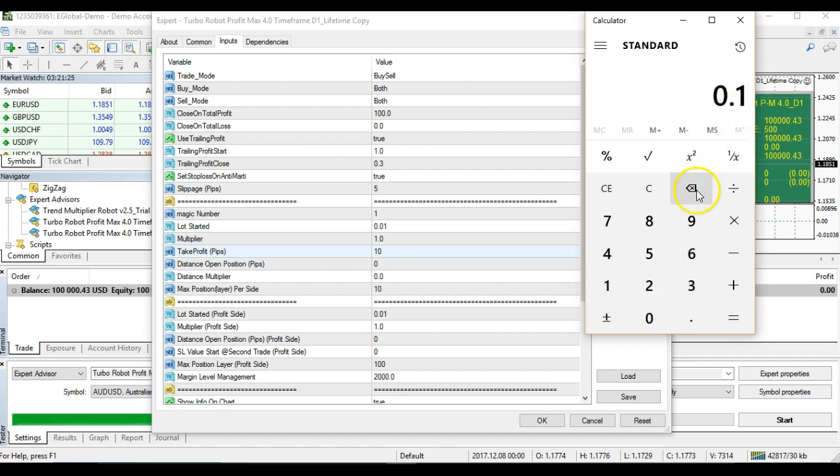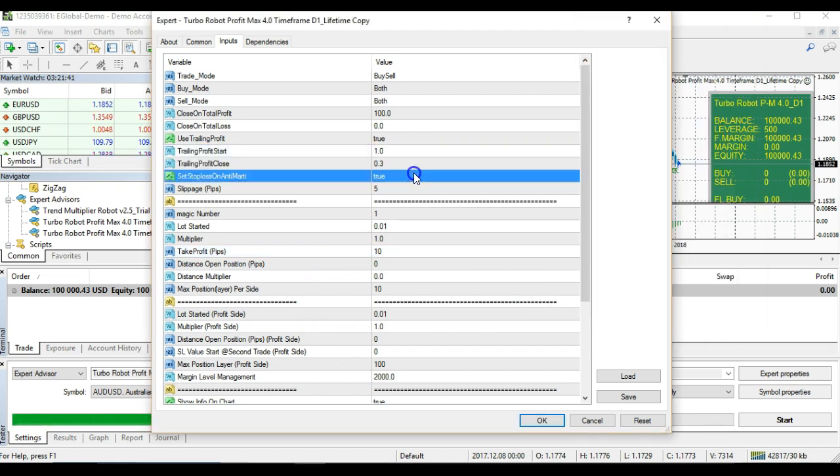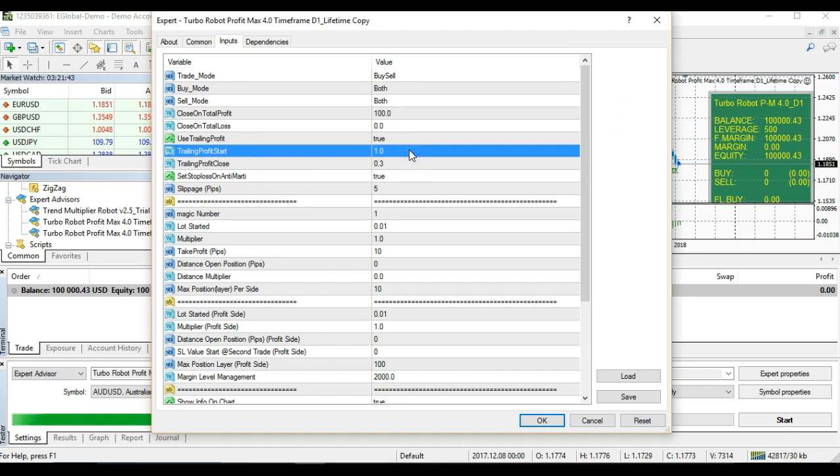So if I want 10 pips over here, 10 pips multiplied by 10 gives me $1. That is the reason why $1 is here in my profit. This $1 means I have 10 pips.